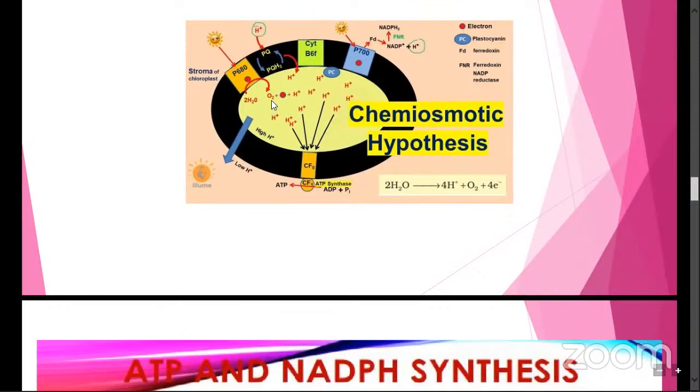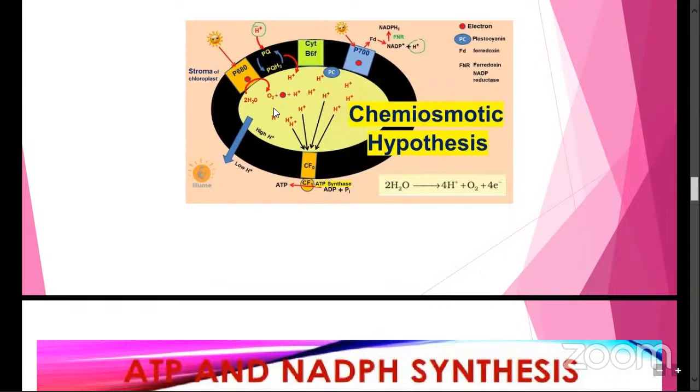Out of these three, oxygen diffuses out as a byproduct. What about the electrons? These electrons are accepted by the pigment system 2 reaction center. That means the electron loss is fulfilled by the electrons from the photolysis of water.